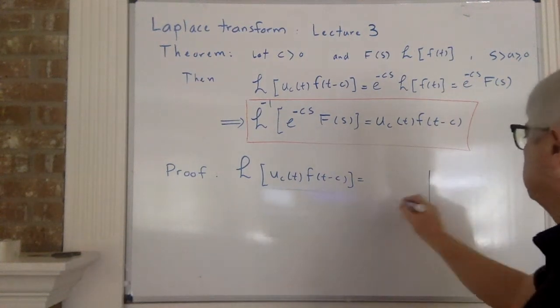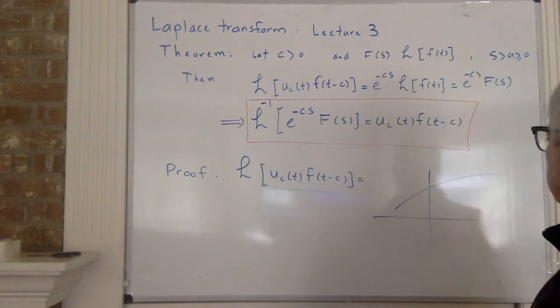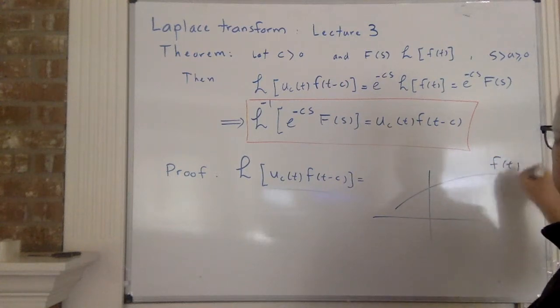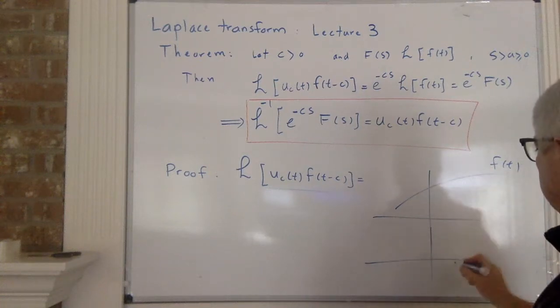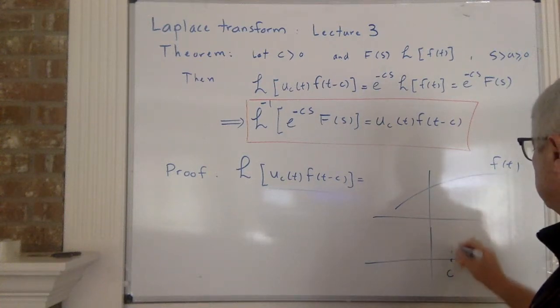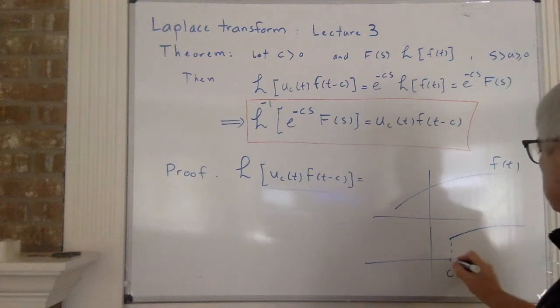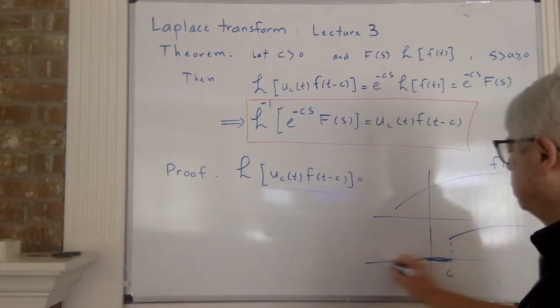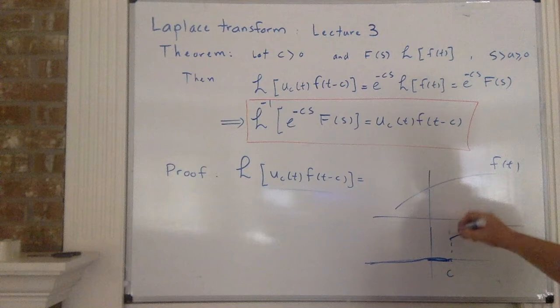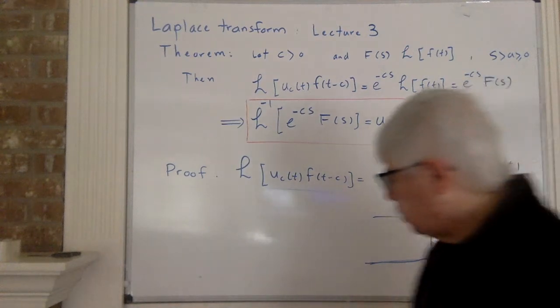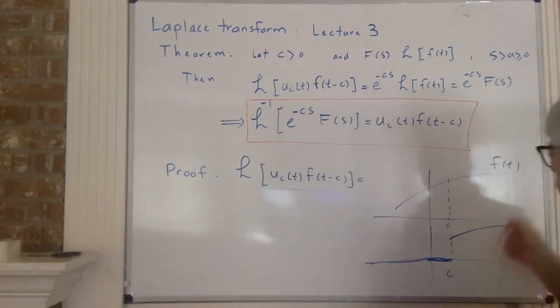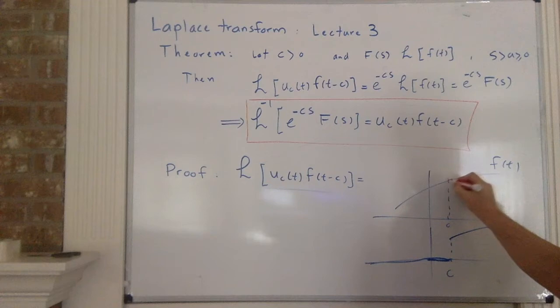So if I have a function like this, say, this is the graph of f(t), then you see f(t) will be something like this. So it kills the function. It is 0 before this c, and it's the same thing after point c. It's good for a force that starts at a certain point in time.